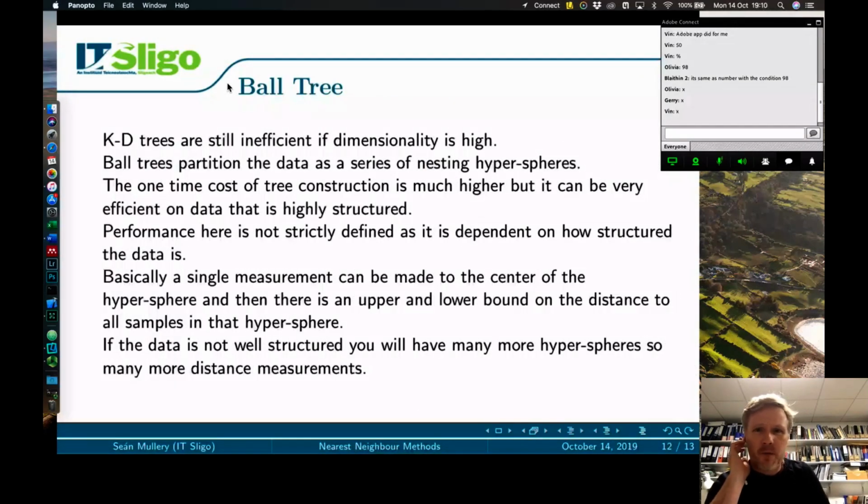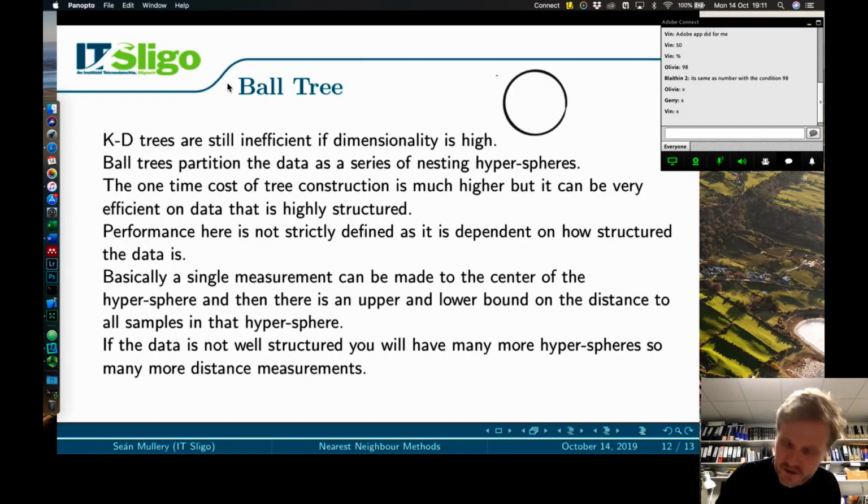The other one is called a ball tree, and KD trees are still inefficient if the dimensionality is high because it's harder to divide up the space in that way. Ball trees partition the data as a series of nesting hyperspheres. Now, hyperspheres sounds like a very complex thing, but all we're basically saying is, a sphere in 2 dimensions is just a circle, right?